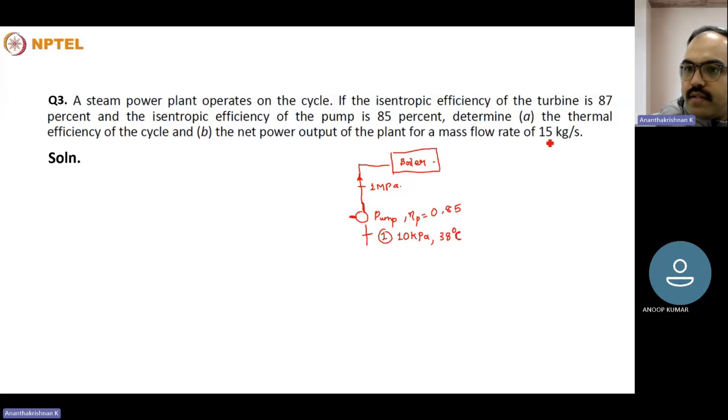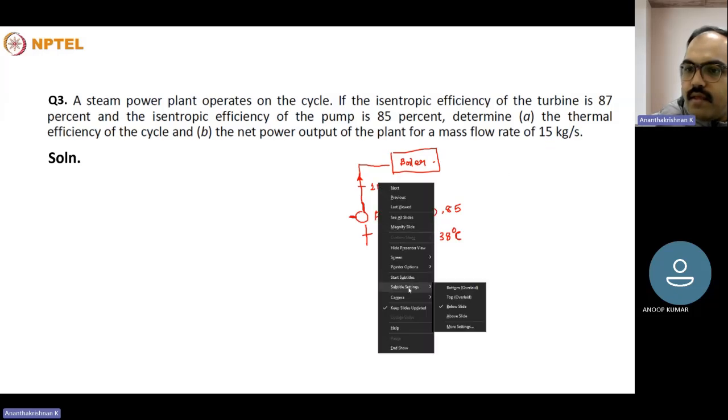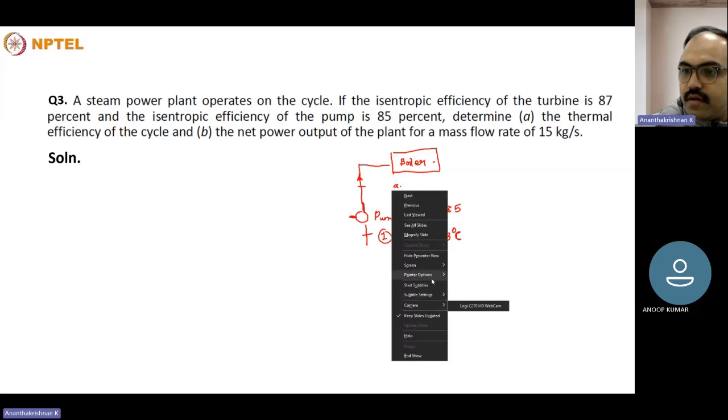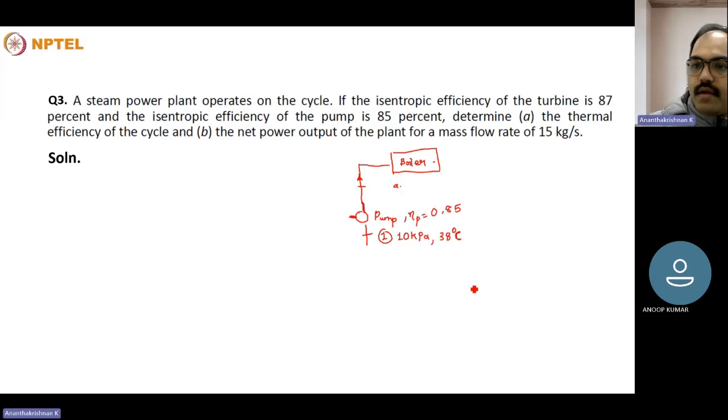So I beg your pardon, this is not for 1 MPa. This is not required. Okay, and this is 15 MPa, 15 megapascal, and the temperature of the inlet is 35 degrees Celsius. For the time being, assume it to be the case.